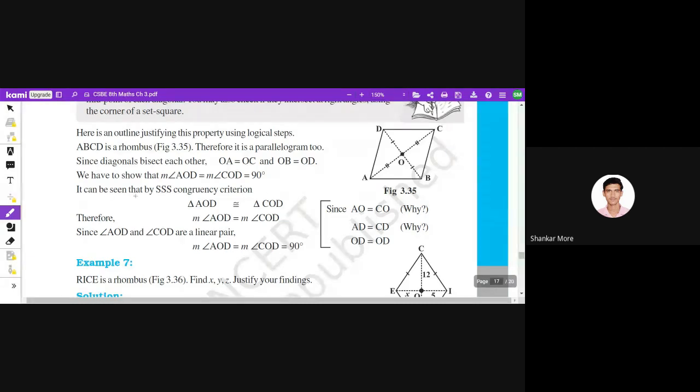It can be seen by the SSS congruency criterion.